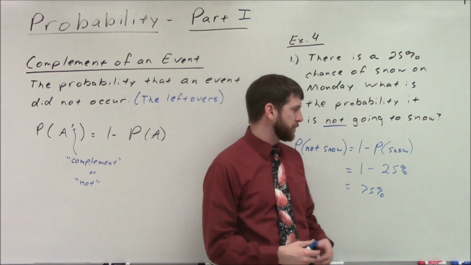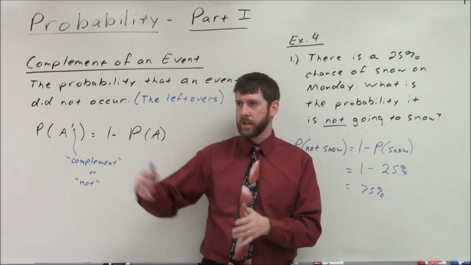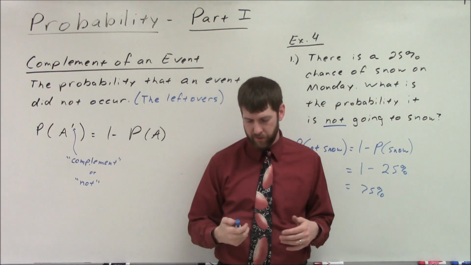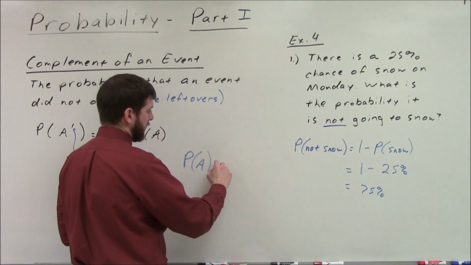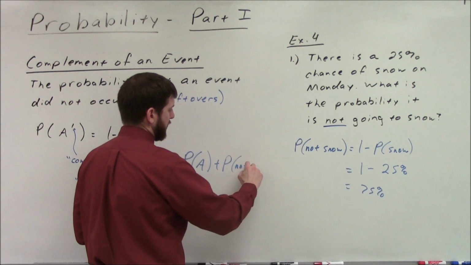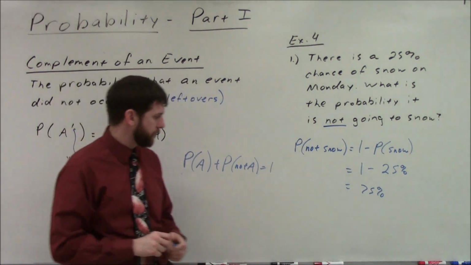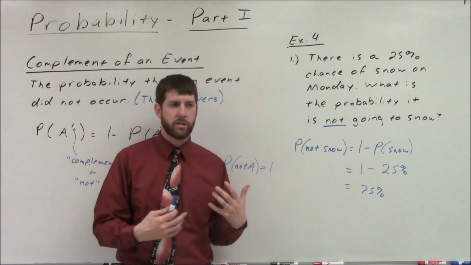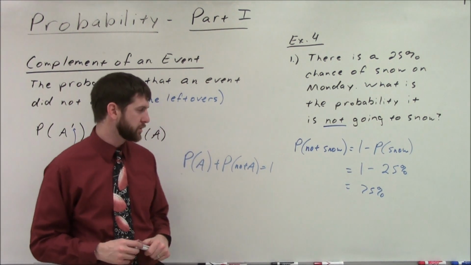So this idea of complement, taking what we don't want and using it to figure out what we do want by knowing that the two add to give us 1, and that's really what it's all based off of. Probability of A plus the probability of not A equals 1, is very, very useful in being able to make the information work in our favor, and we kind of bend it to our will, so to speak.